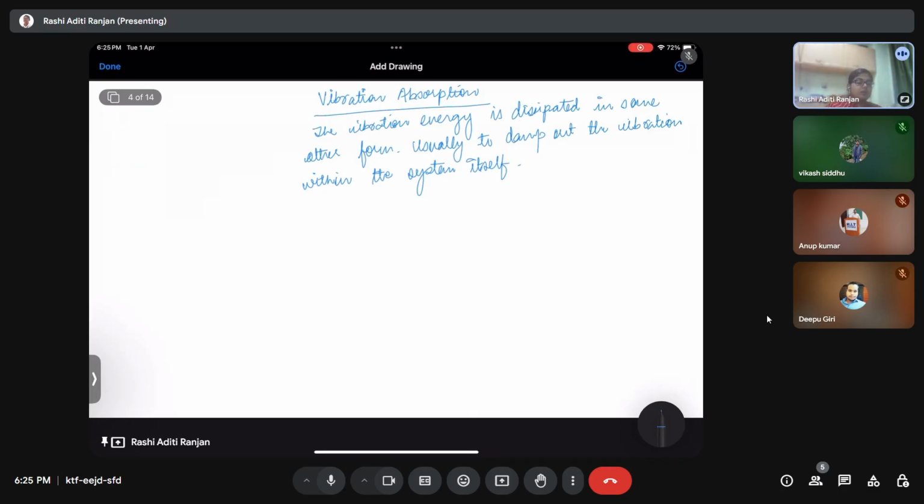If I talk about a very common example, the most common example is the suspension system of an automobile vehicle. You know, the automobile vehicle, they have suspension system. So what happens in a suspension system is that we have a dashpot. Okay, so there is fluid in it. Because of the viscous nature of the fluid, whenever the vibration comes, it gets transmitted to a spring.